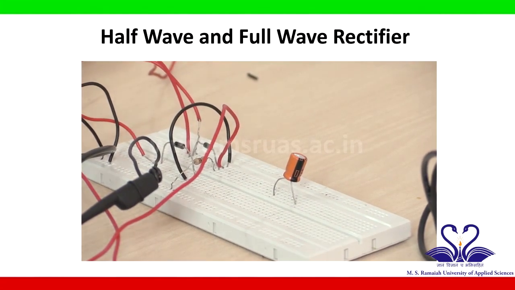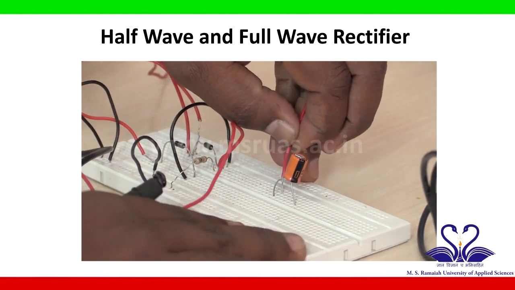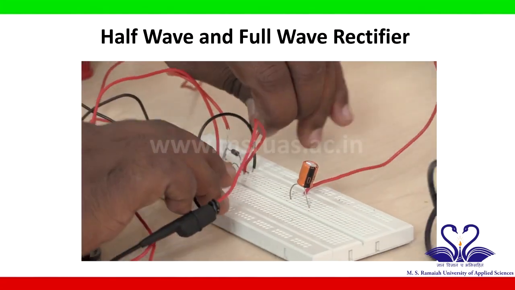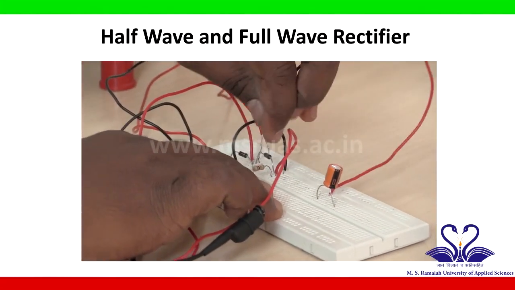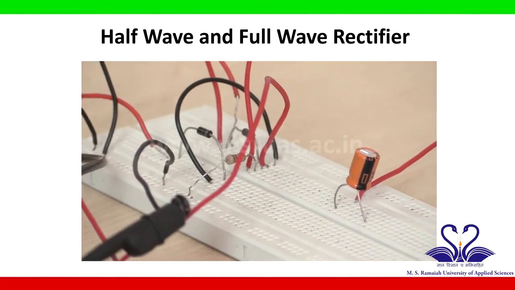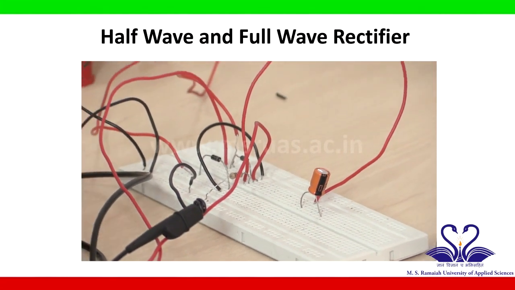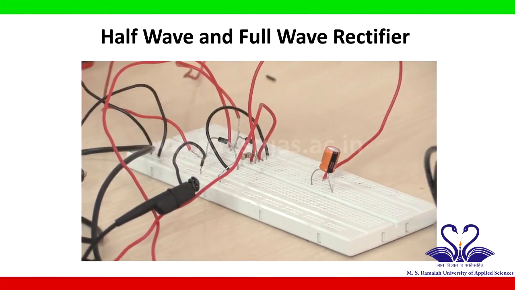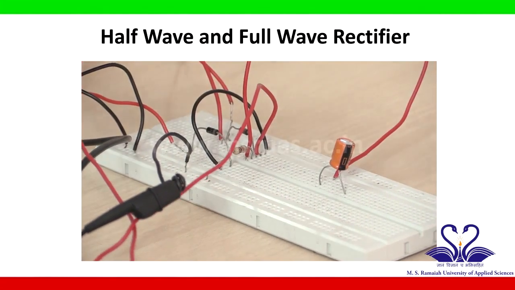Take a wire, connect the positive terminal of the capacitor to the resistor one end in the breadboard, and the negative terminal of the capacitor is connected to the another end of the resistor which is connected to ground.